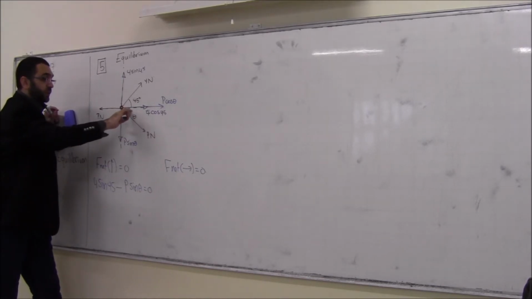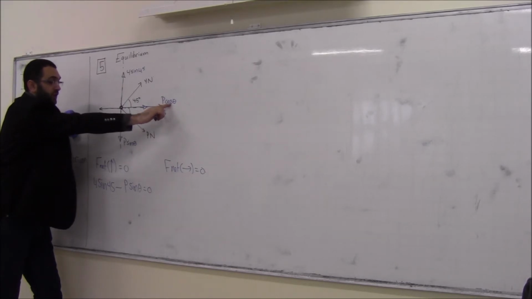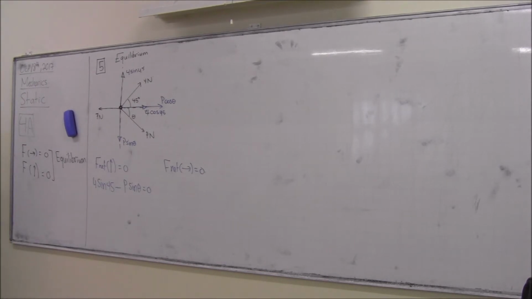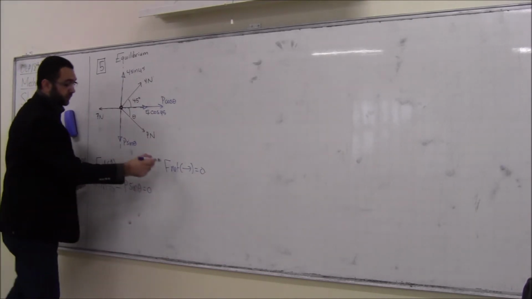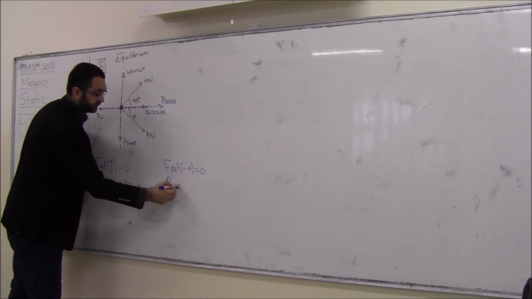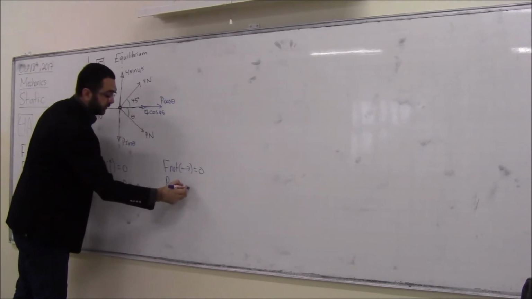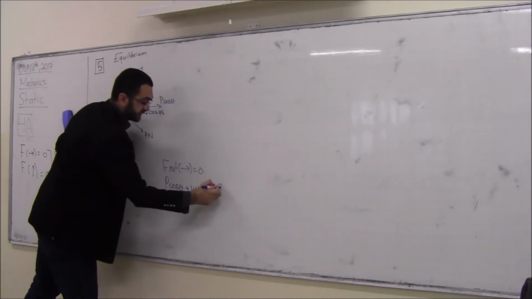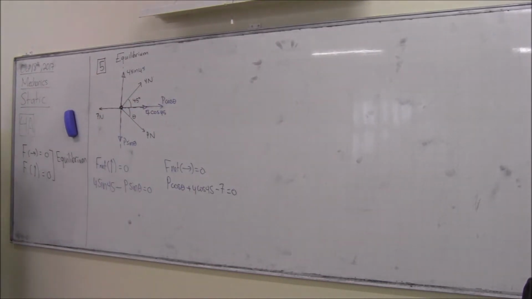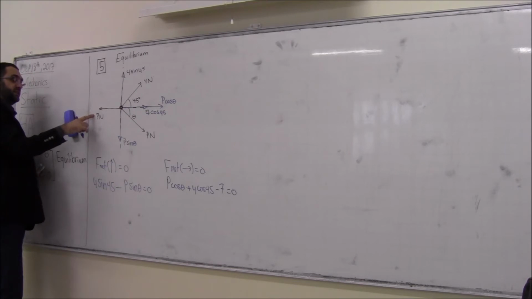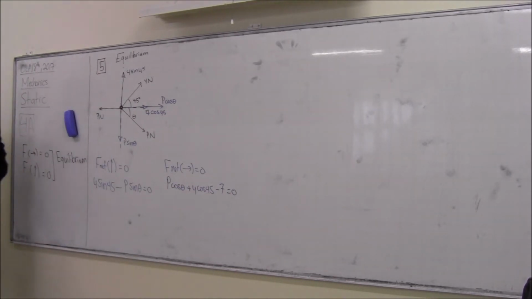Simply, if the force is given with the x-axis, it will take cosine, and the other axis will take sine. Always in this way. So along the horizontal we have P cosine theta plus 4 cosine 45 minus 7 equals 0. Clear?